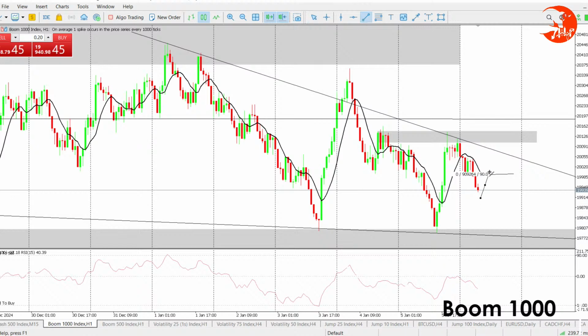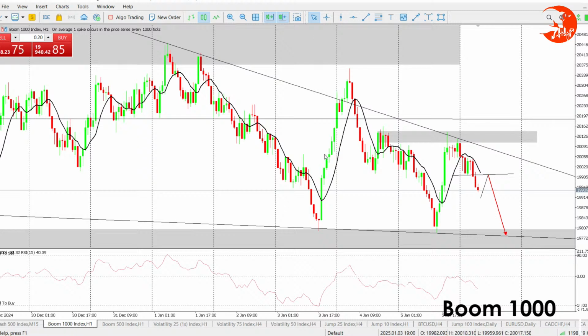After the creation of a new lower low, wait for a lower high to be created, and then come in with your sell to bring it to this other trend line, this support trend line there.